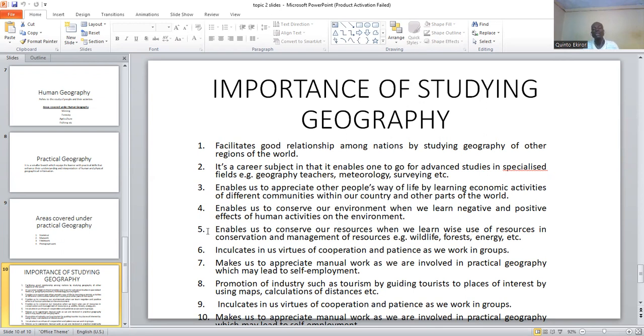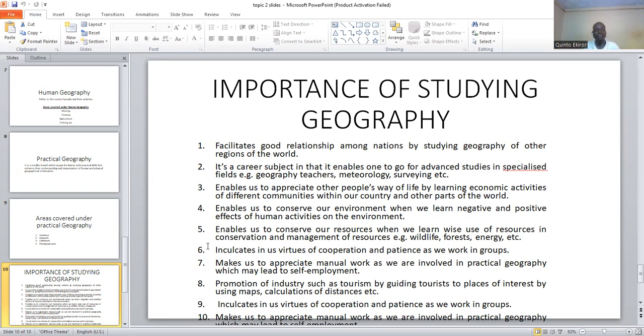Remember very well, wildlife promotes foreign exchange in our country. That's why geography helps us to conserve some of these tourism activities, which is wildlife.